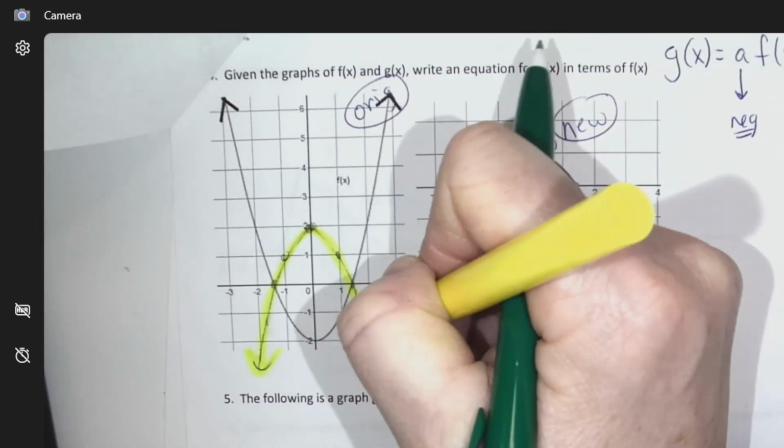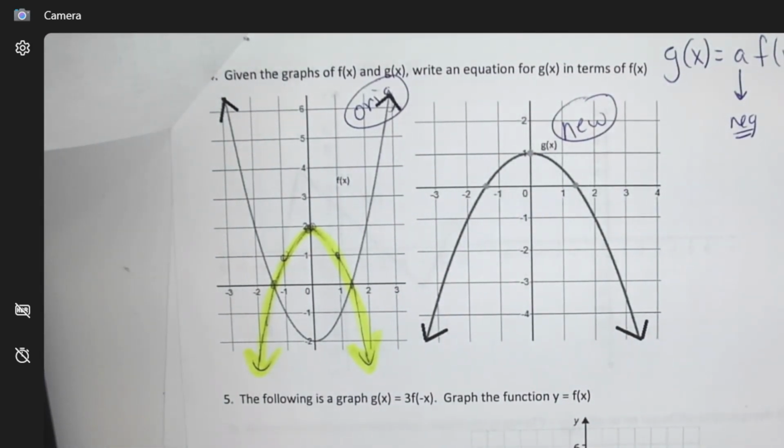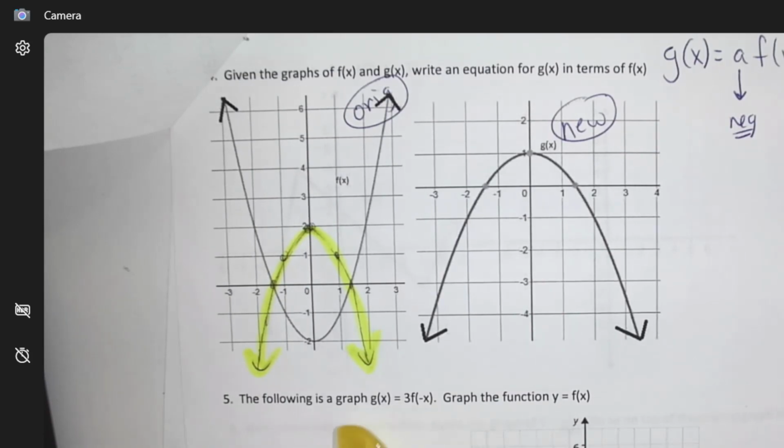Okay, now look at my yellow graph. What else? Anything we've got to look for? Is there any more compression or stretches? I think we're done reflecting, right? Has there been anything I've compressed or stretched? What did you think you did?